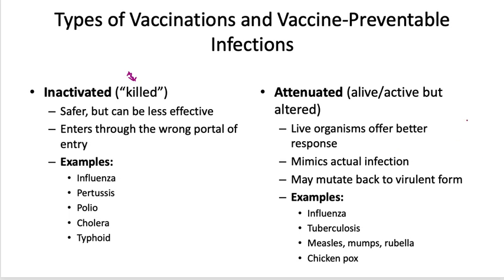So attenuated vaccines will mimic the actual infection better because if you get like a nasal mist, it'll go through the actual portal of entry that the infection would normally go through. So you're given a live organism, but it's been altered so that it's not pathogenic. It'll result in a better immune response, but it is a little bit less safe.